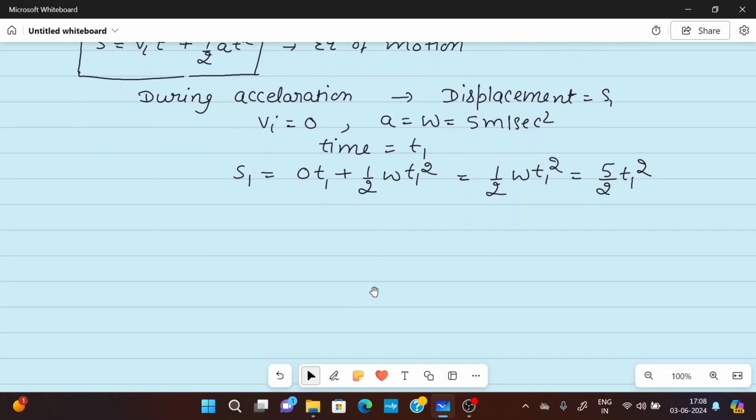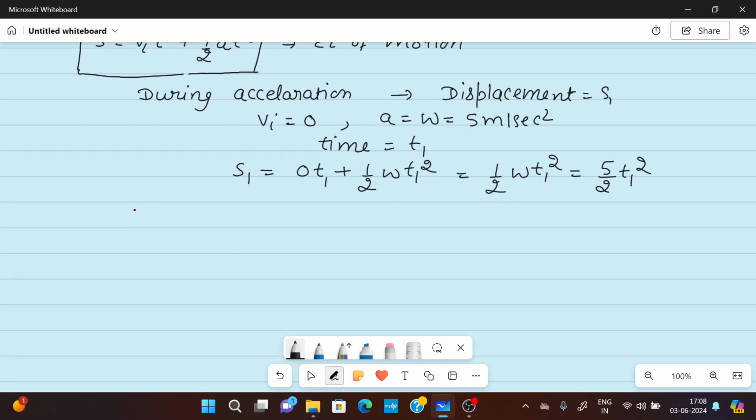Now we'll find out the displacement during deceleration. During deceleration, let us say we denote the displacement by S2. We will see here that S2 is equal to S1.